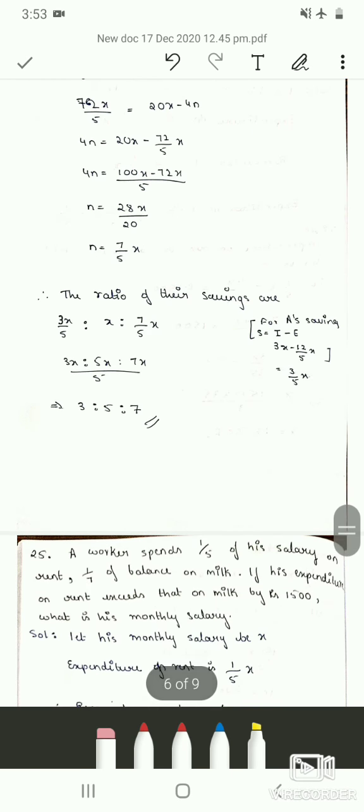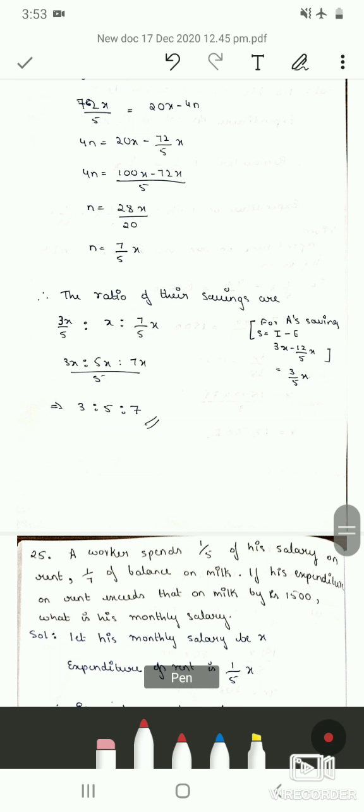So therefore the savings are 3 by 5x, M and N, where these two are the values of M and N, and this value we know because they have given in the question the expenditure of A. To get the savings, we know that savings is income minus expenditure.